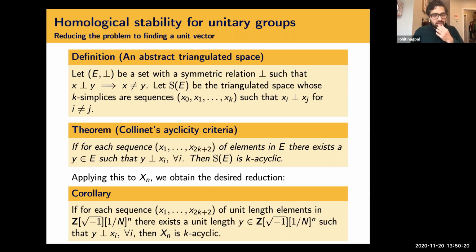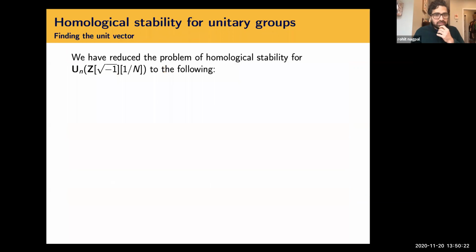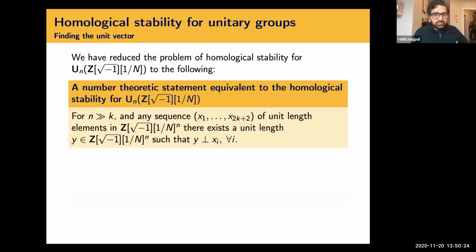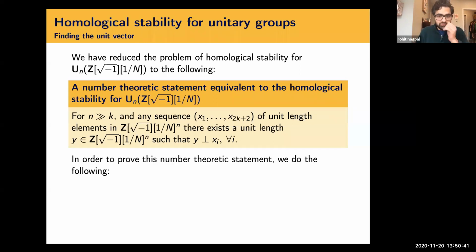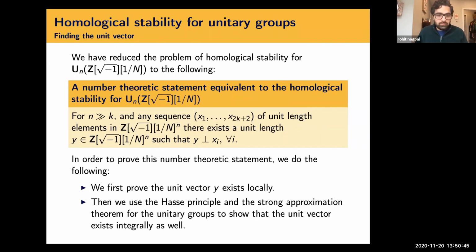Okay. So next, let me rephrase this problem. This is a completely number theoretic problem now. It's just rephrasing that same problem. We need to construct a unit length vector perpendicular to a given set of unit length vectors, right? And this actually is proven using the strong approximation theorem and the Hasse principle.